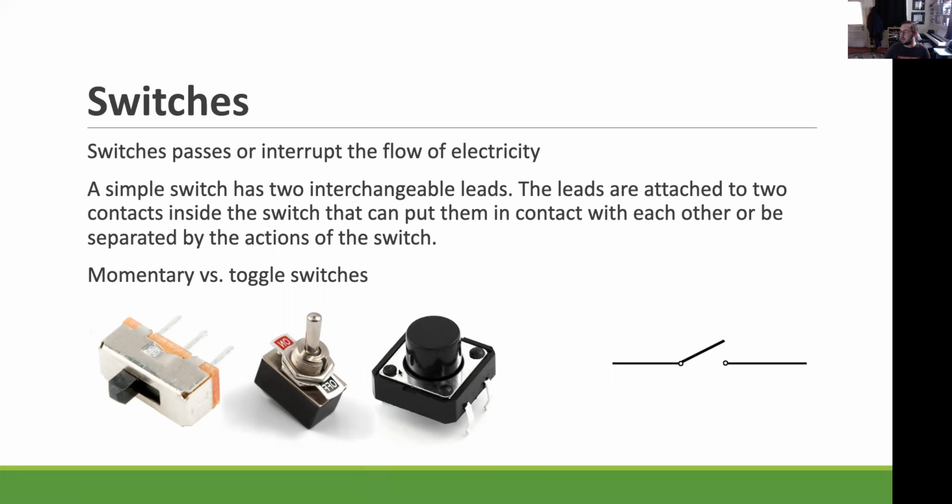Then there's a button here, what's called a momentary switch, and most of them will only pass the current when you press them. In electrical diagrams, you can see that labeled out here. We have it not connected, and when you press the switch, this would move down and connect, and our electrical circuit could pass through.